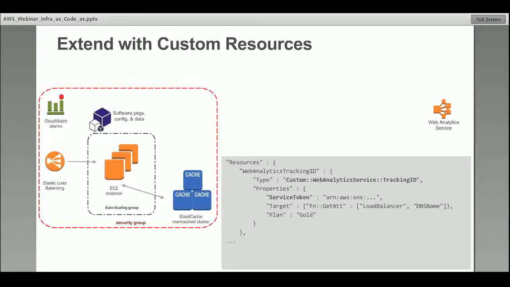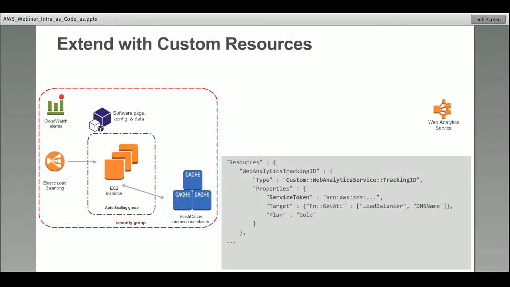So in this example, I'm defining a web analytics service tracking ID. And you can specify a service token, which is basically an SNS topic, or it could be a Lambda function. And that's the endpoint that CloudFormation will send a message to when it encounters a custom resource.